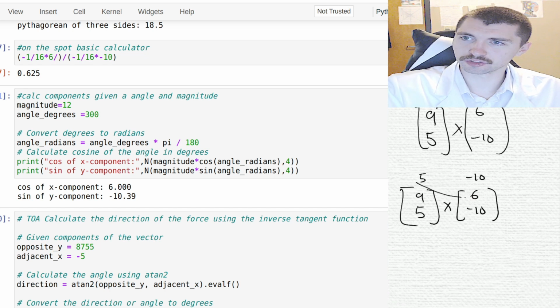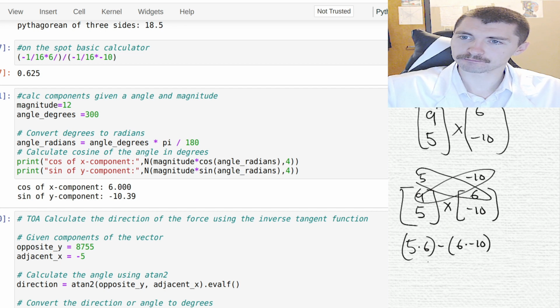Now we're going to cross it. So 5 times 6 minus 6 times negative 10 equals our I direction. That's 30 plus 60, which is 90.